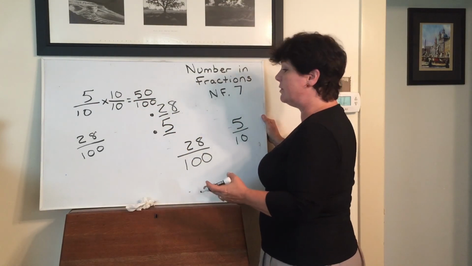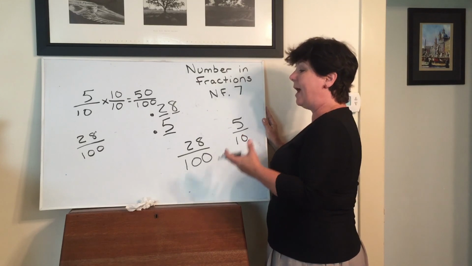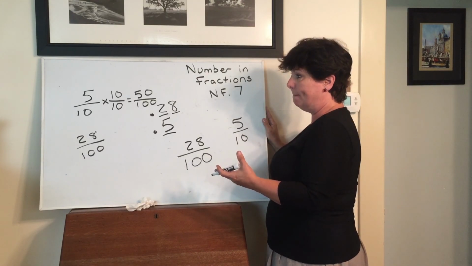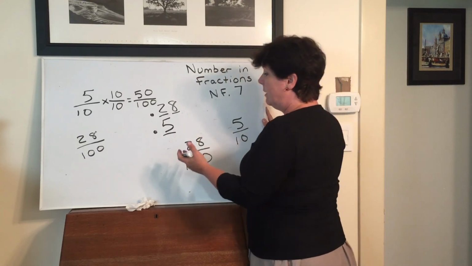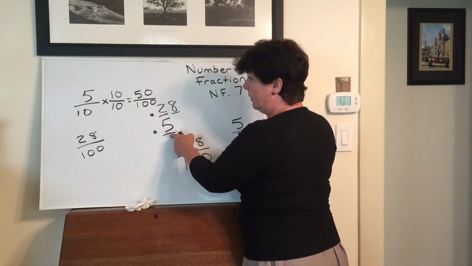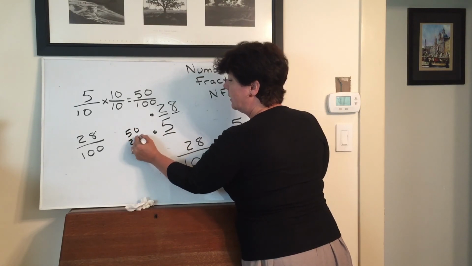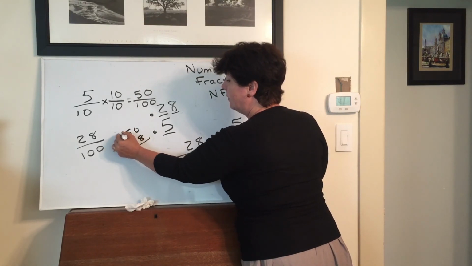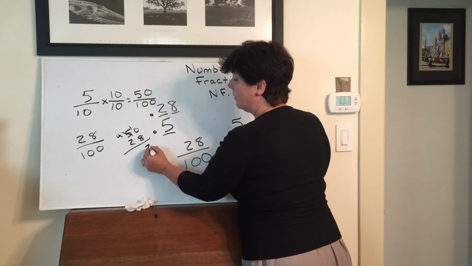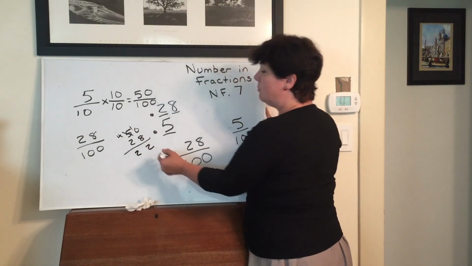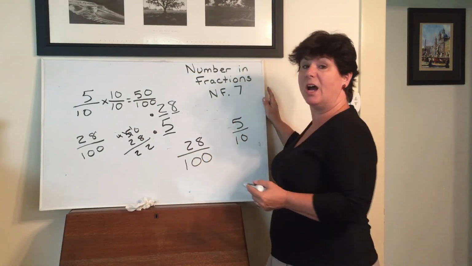So now I can have a conversation about which one's bigger and why. This one's bigger, and it's bigger by, what's the difference between 50 and 28? It's bigger by 22 hundredths.